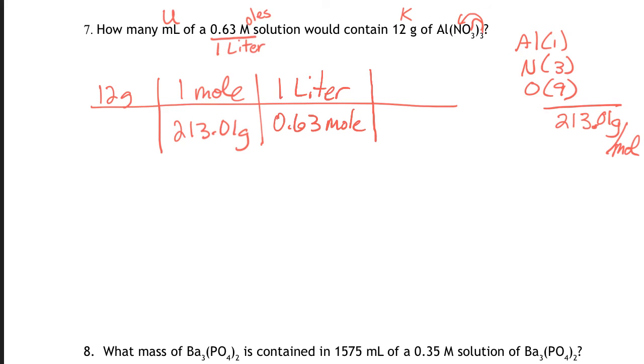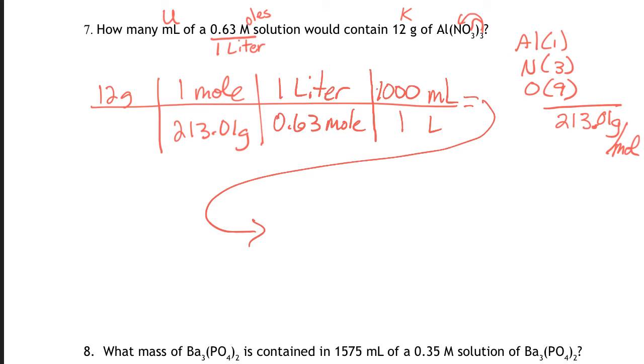I got liter on the top, so I'm going to have liter on the bottom, and milliliters on the top of this. 1 liter is equal to 1,000 milliliters. Now I'm at milliliters, and I can stop my problem and calculate my answer. You put that in the calculator, and you're going to get 89 milliliters.